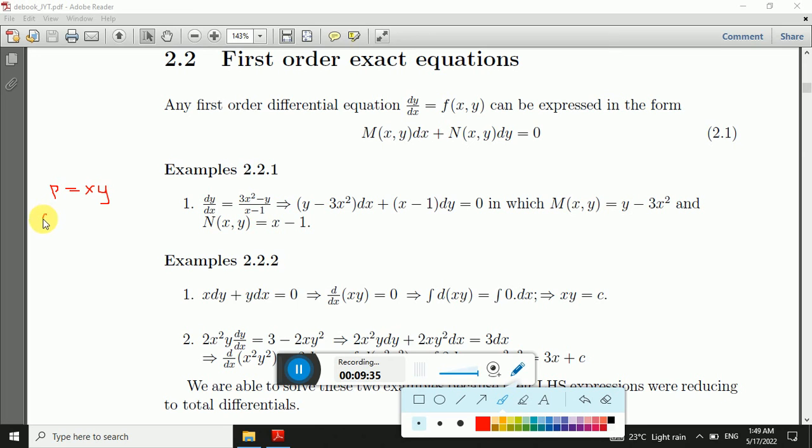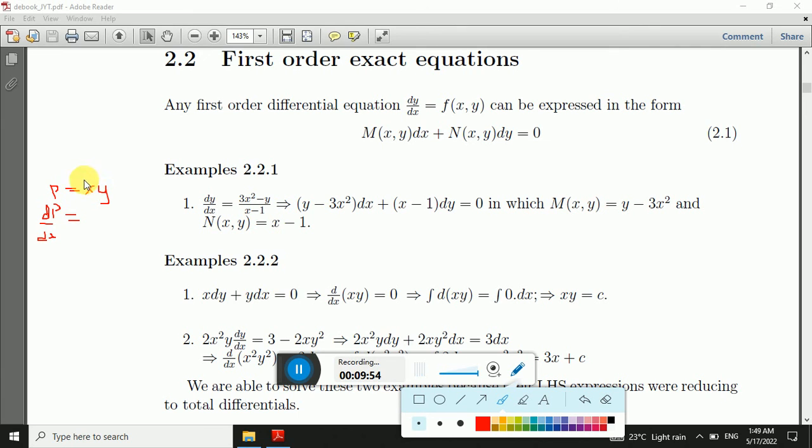That means dp/dx will be equal to, since this is a product, you are going to use the product rule.